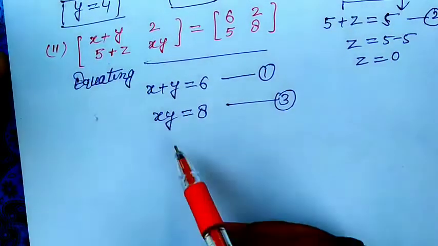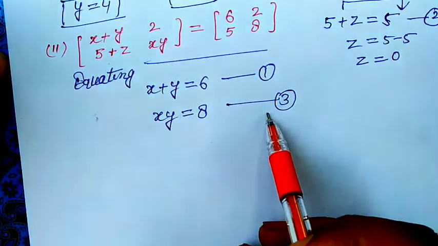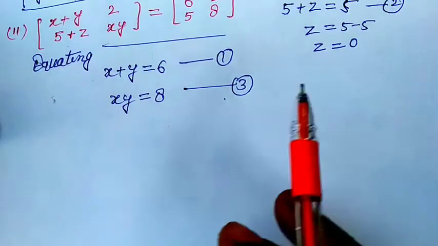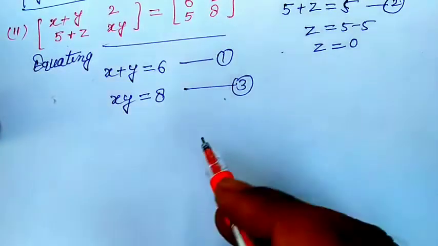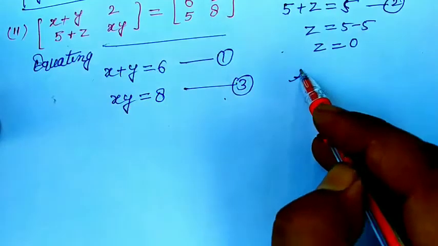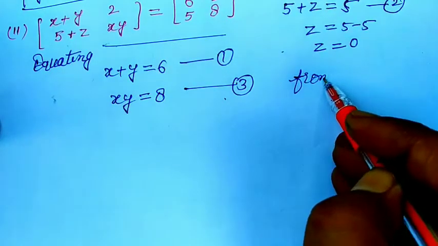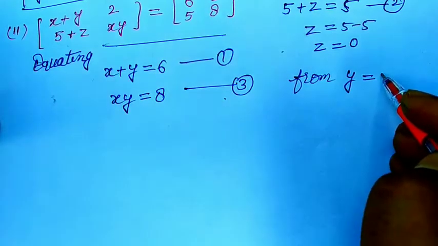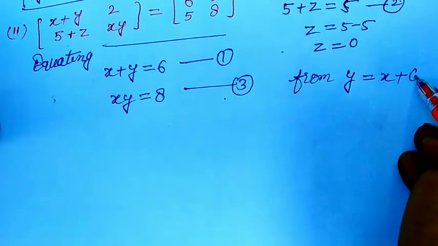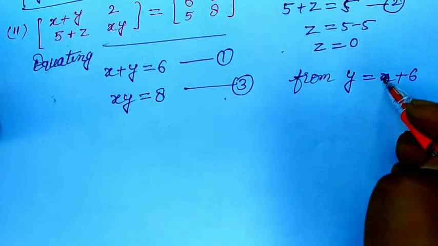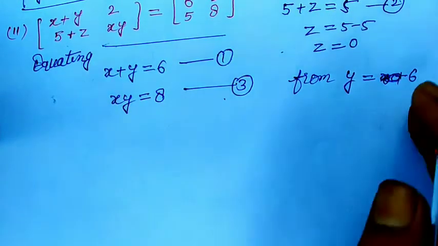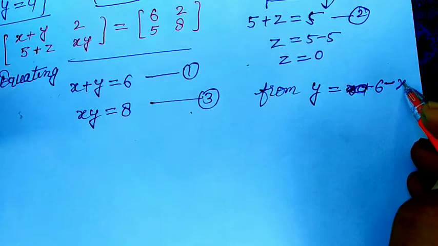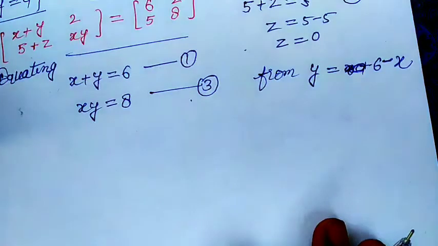Now after solving equations 1 and 3, we can easily get the values of x and y. So from equation 1 we can find the value of y in terms of x. So after shifting x to the other side, we get the value of y, 6 minus x.